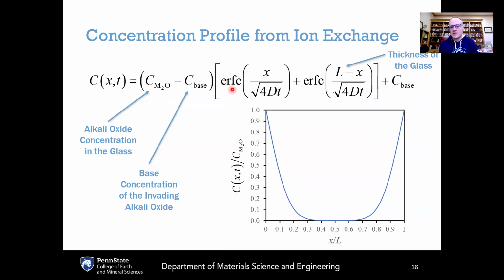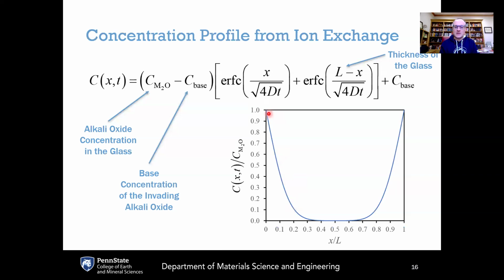So it's the erfc of the position x divided by the square root of 4Dt. And that's what provided this complementary error function shape of the concentration profile as a function of distance going into the glass.